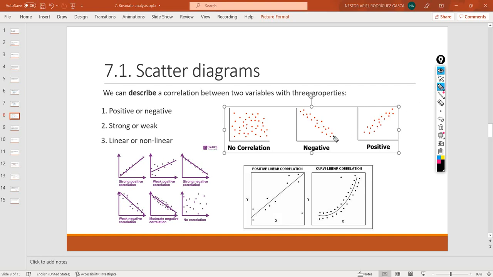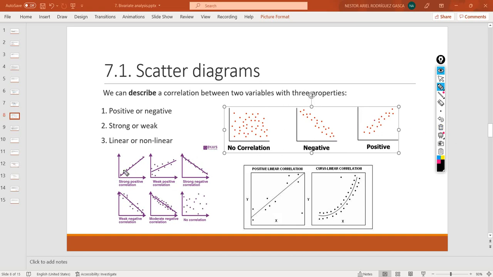Well, if we think of variables x and y, when we say that x and y are negatively correlated, that means that the greater the x, the less the y. And when we say that x and y are positively correlated, what that means is that the greater the x, the greater the y. That's, in a nutshell, what it is, conceptually speaking.